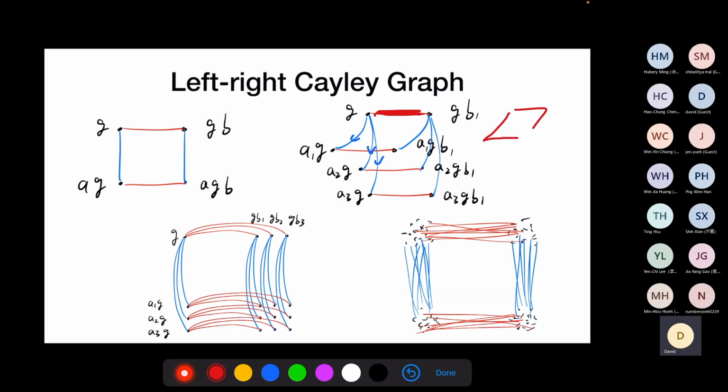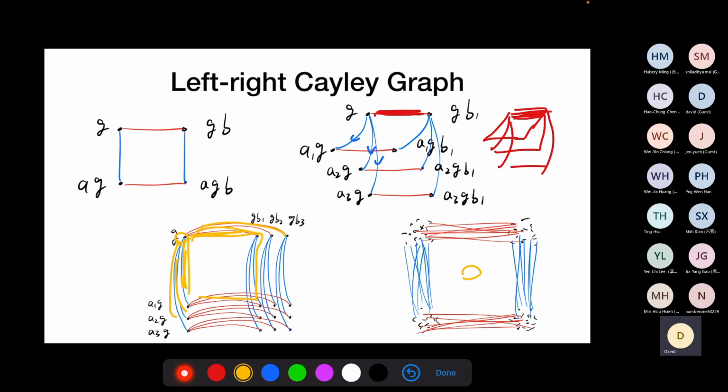So you have multiple squares coming out of the same edge. And if you focus on a vertex, you would see some structure that looks like this. You have multiple edges coming out, and also multiple squares.